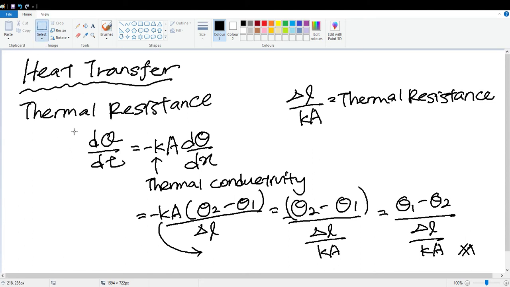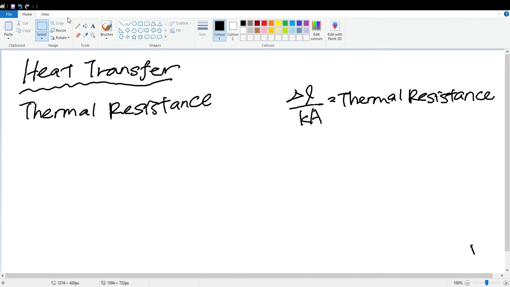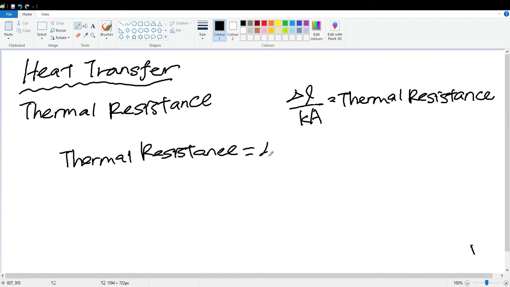Let's observe this equation. We know that the thermal resistance is equal to the change in L divided by KA.